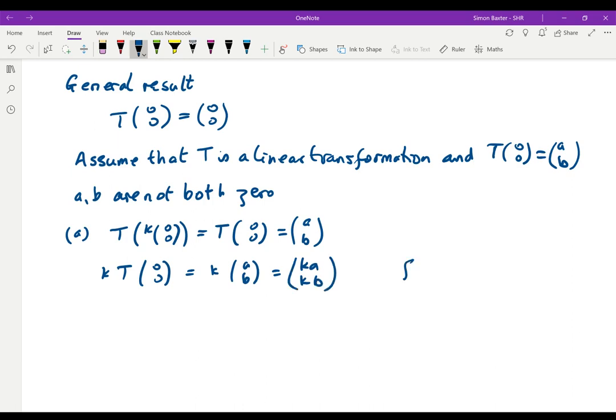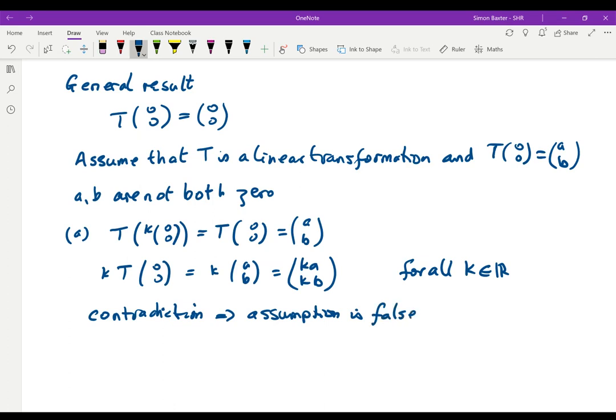And this is supposed to be true for all real numbers k. And if a and b are not both 0, this cannot be true. So we now have a contradiction. Therefore, my assumption is false. Therefore, T of (0, 0) cannot be mapped onto (a, b) where they're not both 0. Therefore, it can only be mapped onto (0, 0).